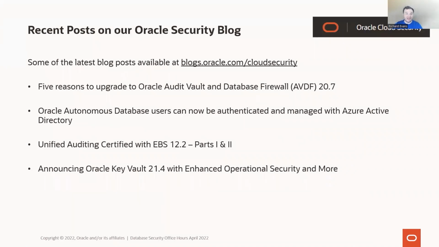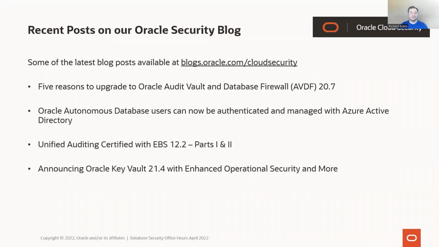Blog posts. We've got a blog at blogs.oracle.com/cloud security. And I want to highlight maybe 5 or so of the latest blog posts that we've got out there. We've got one, 5 reasons to upgrade to Audit Vault and Database Firewall 20.7, some on autonomous database users authenticating and managed with Azure Active Directory, which is going to be our topic next month. There's a lot of really neat additional features coming with that.